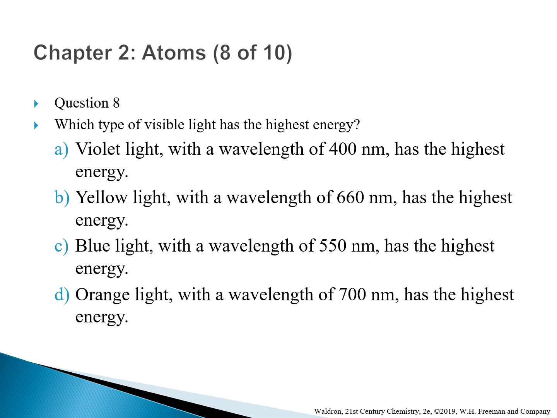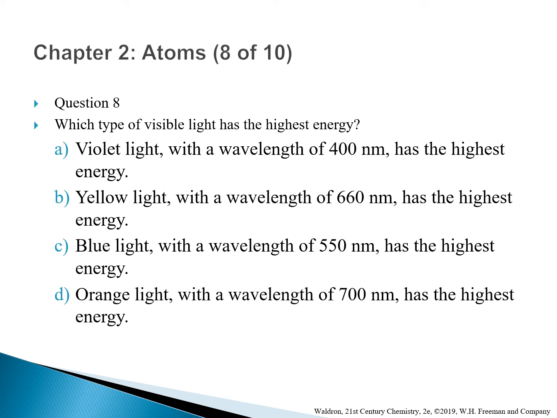Question number 8. Which type of visible light has the highest energy? A. Violet light with a wavelength of 400 nanometers has the highest energy. B. Yellow light with a wavelength of 660 nanometers has the highest energy.